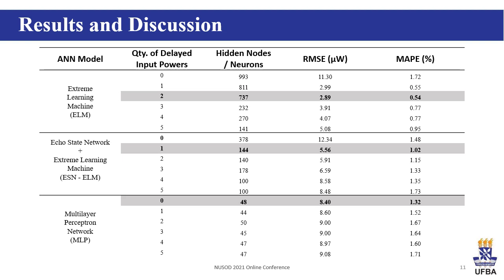And with a much smaller number of neurons than the other two models, with only 44, the MLP had its best result with an RMSE of 8.44 and a MAPE of 1.32%, an error much higher than the others.